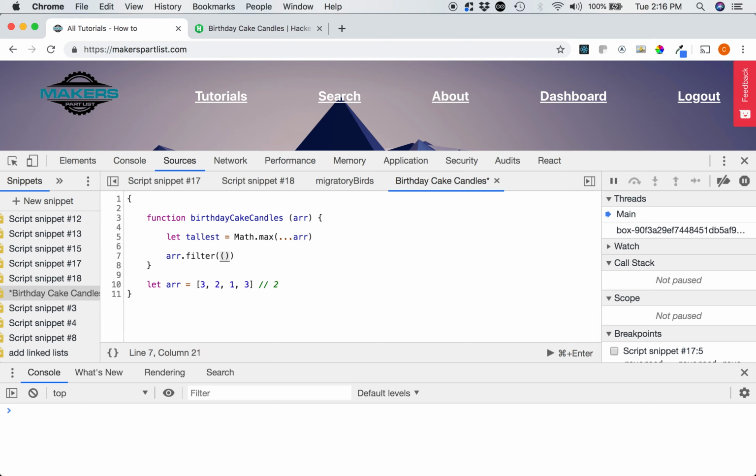So I can filter the candles where the candle height equals tallest.